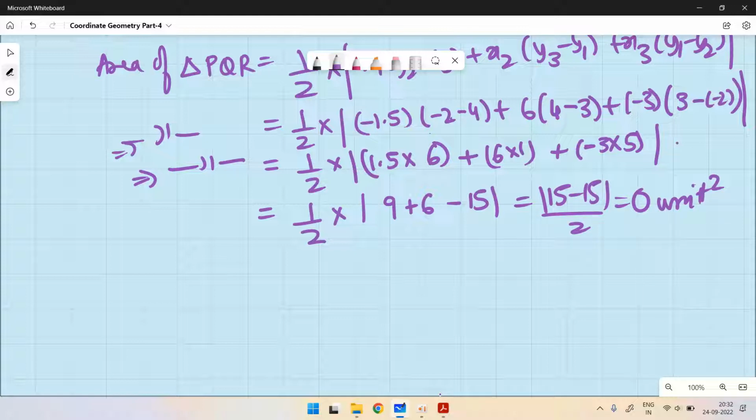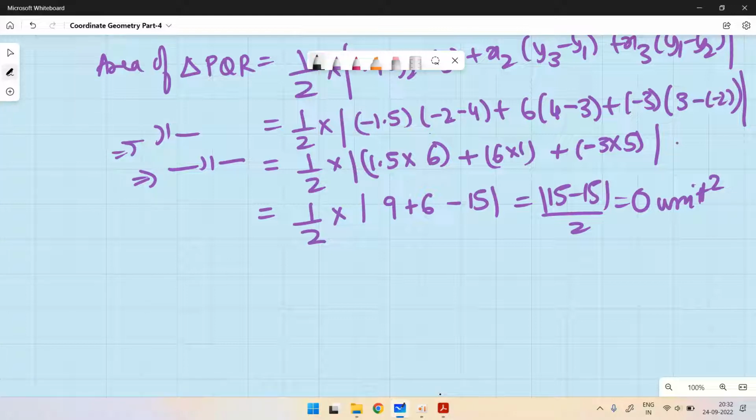What do you mean by area being 0? Can any triangle have an area of 0? No. How is it possible? This is only possible when these 3 points are collinear. Collinear means these 3 points lie on a straight line. If you draw these 3 points, they can be on a straight line like this, or like this.